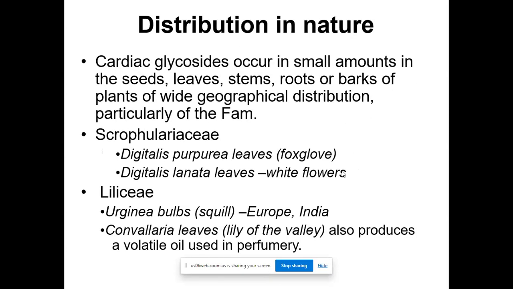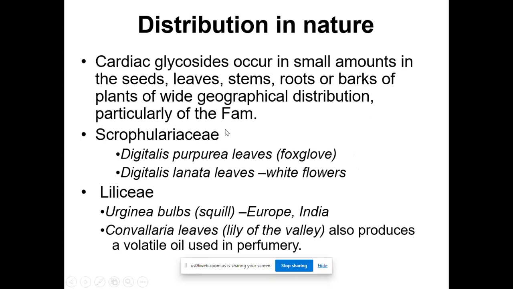So the distribution in nature, we have four major families in which the cardiac glycosides are from. We have, forgive my pronunciation, Scrophulariaceae, Liliaceae.